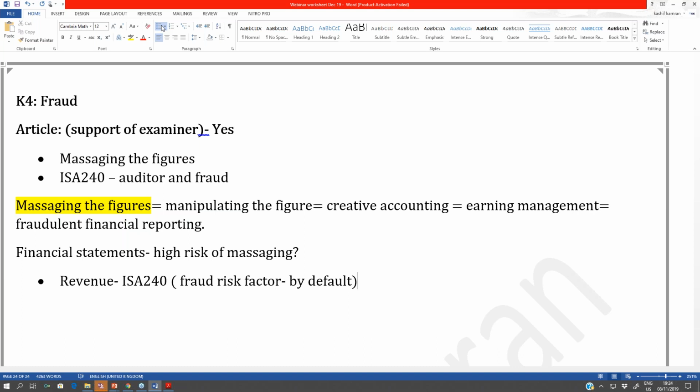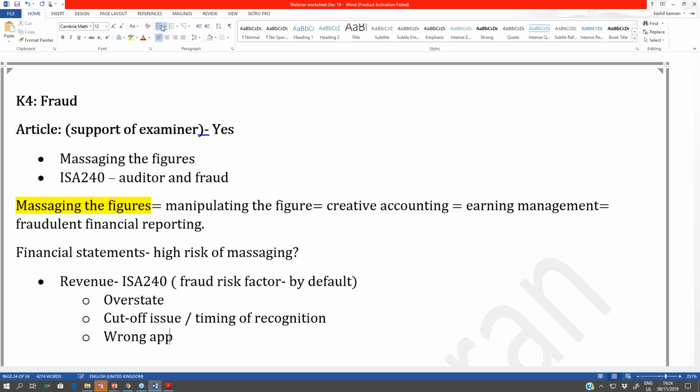Management can overstate the revenue. There could be cutoff issues with revenue, timing of recognition. How many times have we seen past papers where the revenue has been recognized too early? The timing of recognition is a big issue.